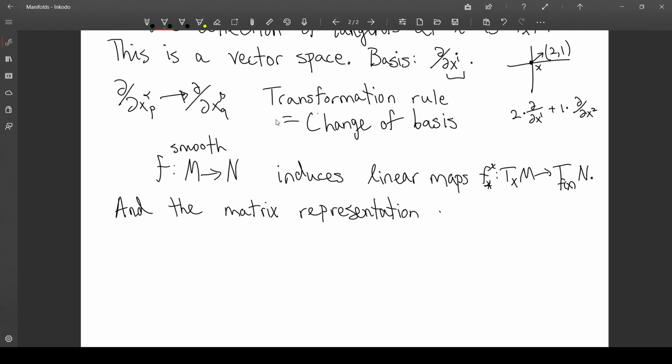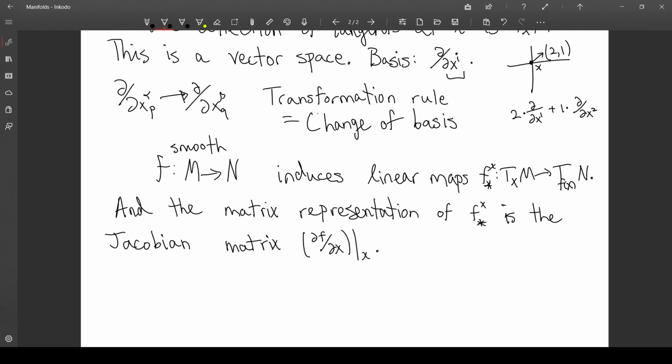The matrix representation of f x star is the Jacobian matrix df dx evaluated at x.